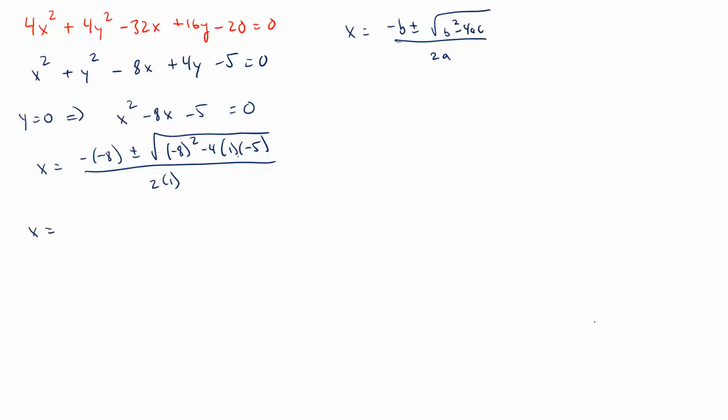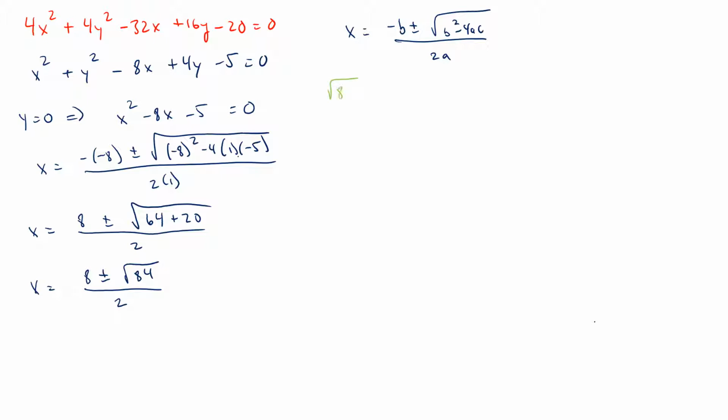And so we have x equals 8 plus minus square root 64 plus 20 over 2. 8 plus or minus the square root of 84. 84 is not a perfect square, but I think we can simplify it, right? Let's do this over here on the side.